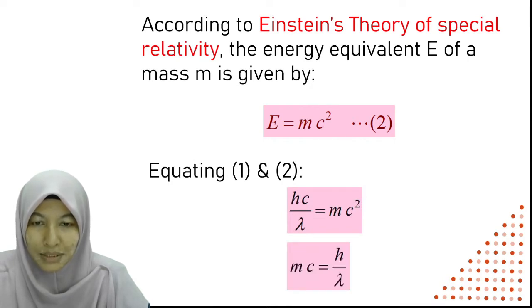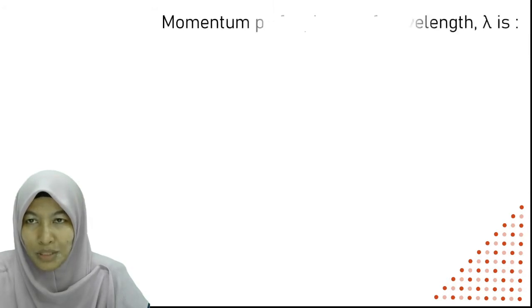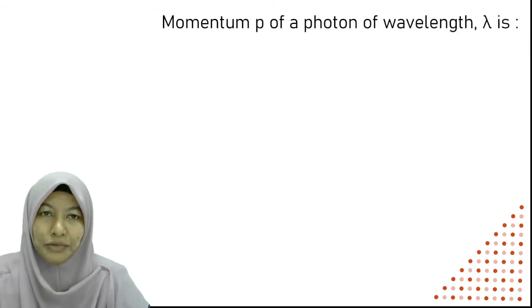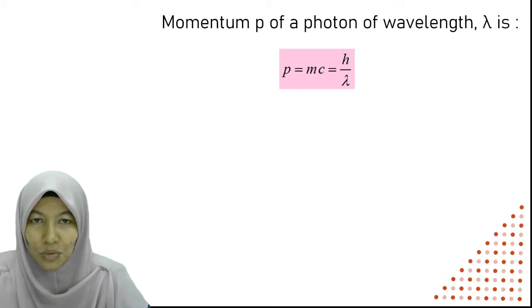Then we rearrange, and the equation becomes mc equal to h over lambda. Then we can find that the momentum p of a photon of wavelength lambda is p equal to mc, which is h over lambda, where p is the momentum of the photon.